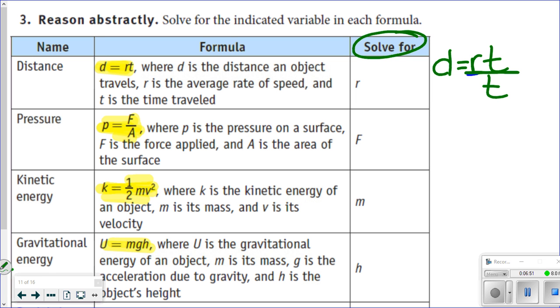Why are we dividing? Because R and T are currently being multiplied. So divide, these cancel, and R is by itself. We have our answer. R equals, D is in our numerator, T is in the denominator. D divided by T. D over T.